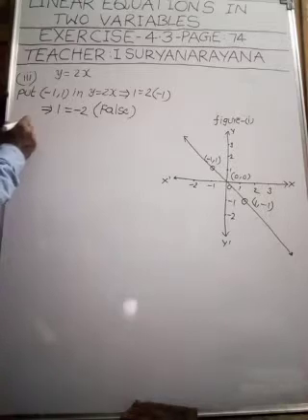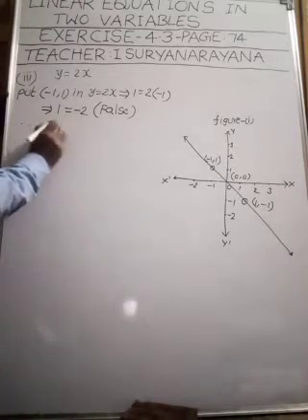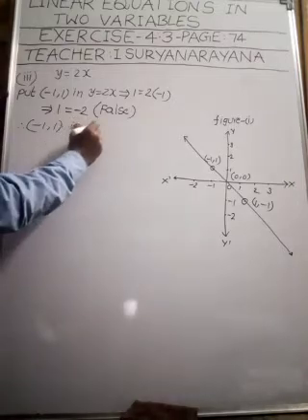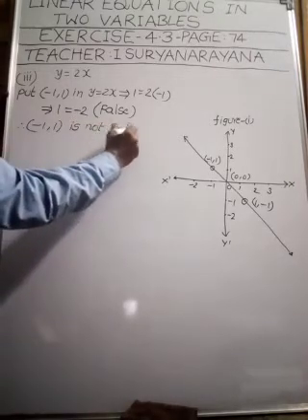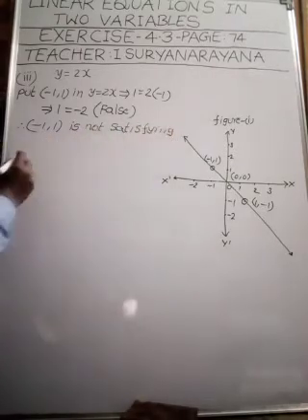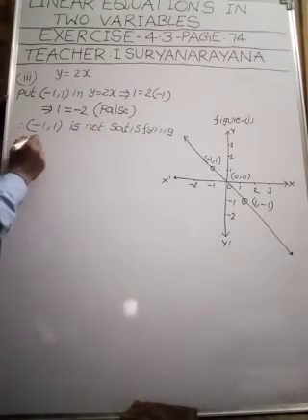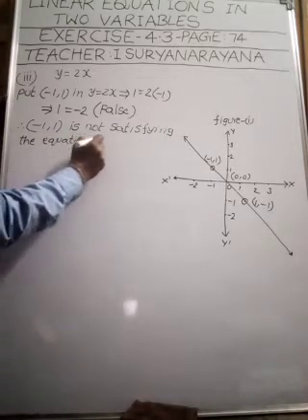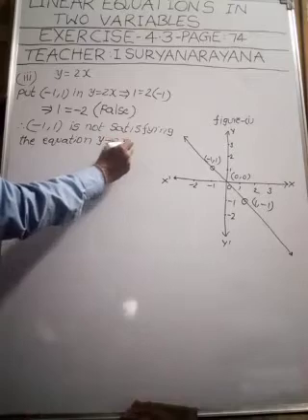Therefore we write minus 1 comma 1 is not satisfying the equation y is equal to 2x.